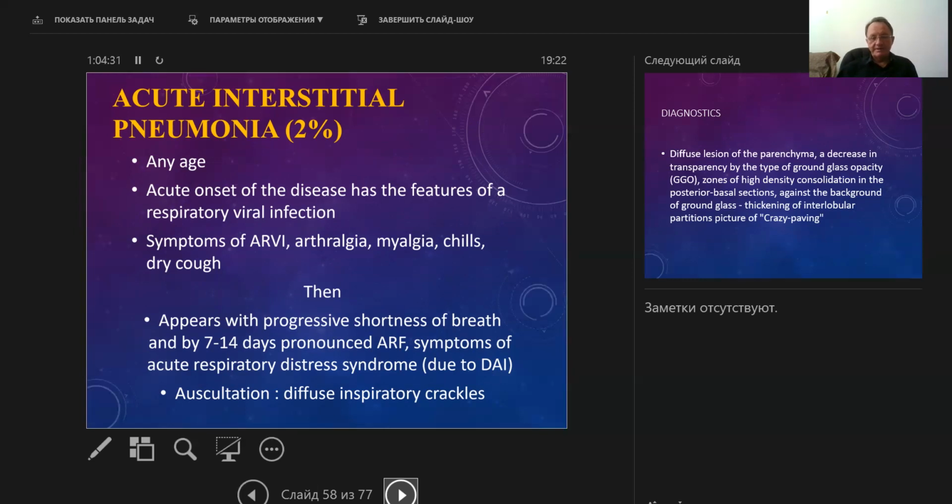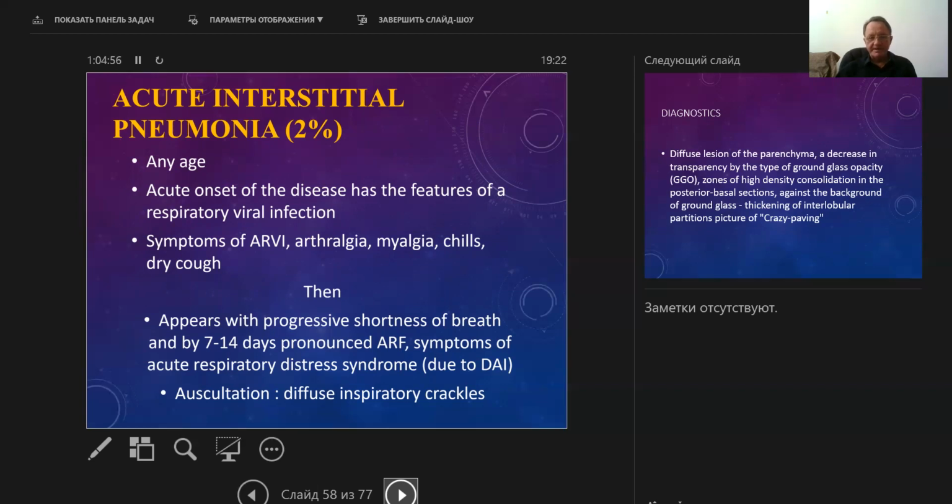After symptoms of acute respiratory virus infection, the patient has progressive shortness of breath. After 14 days, the patient has acute respiratory failure, with symptoms of acute respiratory distress syndrome.